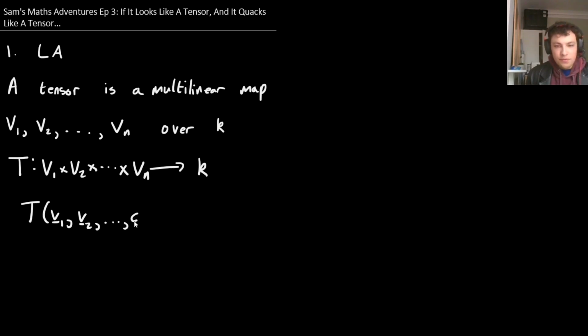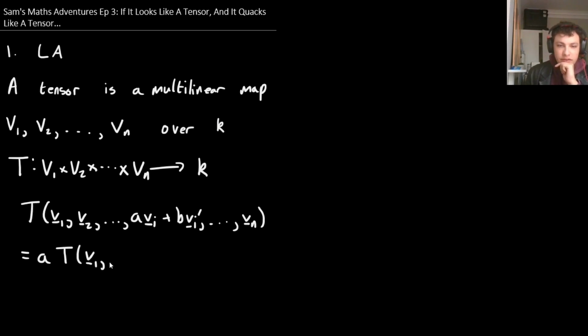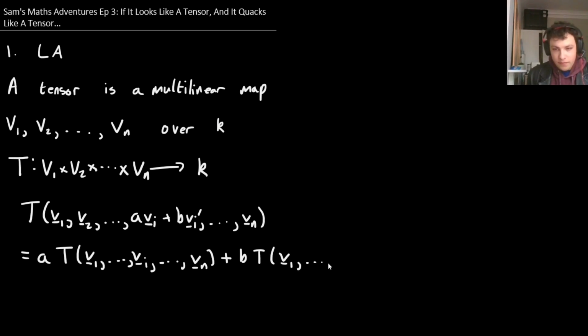V2, up to, let's say, a Vi plus b Vi prime, up to Vn is equal to a times T with Vi, and then b times T with the primed vector Vi prime, up to Vn.